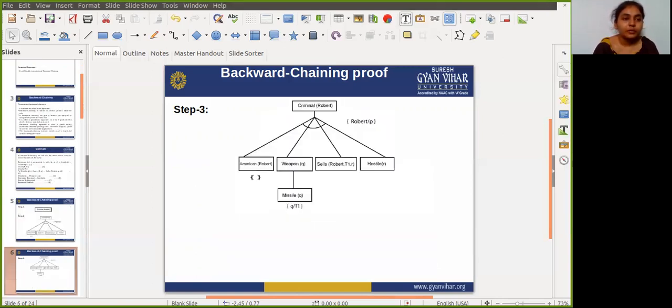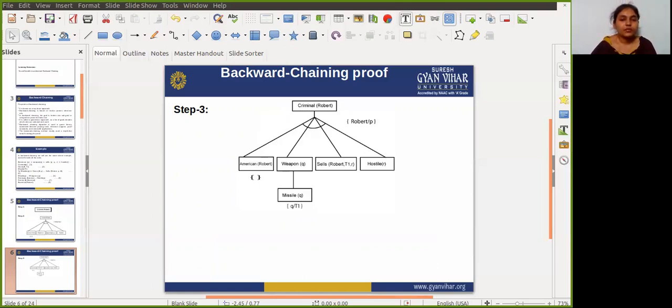in the third step, we will extract further facts, that is Missile(Q), which we infer from Weapon(Q), as it satisfies rule 5, that is Weapon(Q) is also true with the substitution of constant T1 at Q, right?